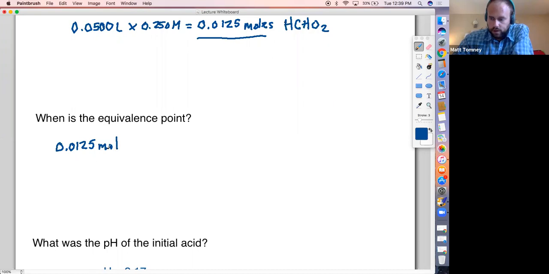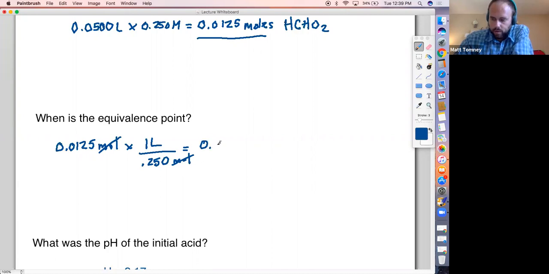And we're going to be neutralizing that with the base, and the base is 1 liter over 0.250. This is just dividing by the molarity, the way that I'm setting this up. Okay, but I'm setting it up this way so that the moles cancel, because the equivalence point, we want to know what it is in liters or milliliters.